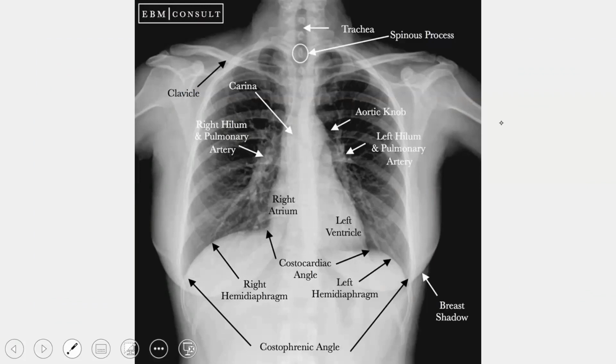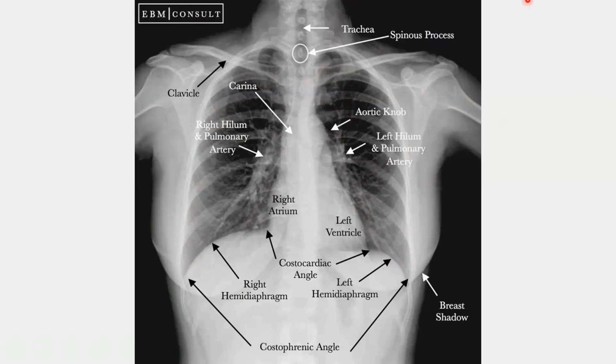So this is a chest X-ray, right? The posterior anterior view of a chest X-ray. This is the normal chest X-ray taken of a person, right? So these are the lungs, right? Can someone tell me what color air is seen in an X-ray?